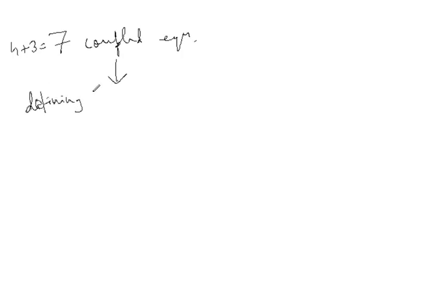Thus we have ended up with a total of 4 plus 3 equal to 7 coupled equations. And what do these equations define? They define the 7 unknown functions. So 7 coupled equations defining 7 unknown functions. And what are they?